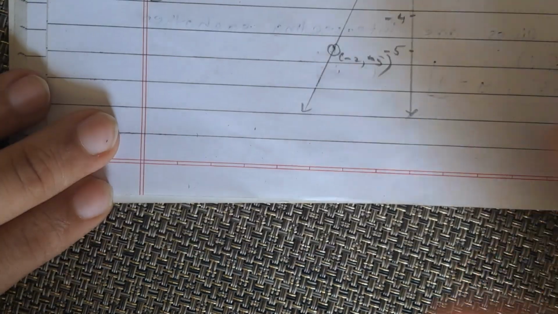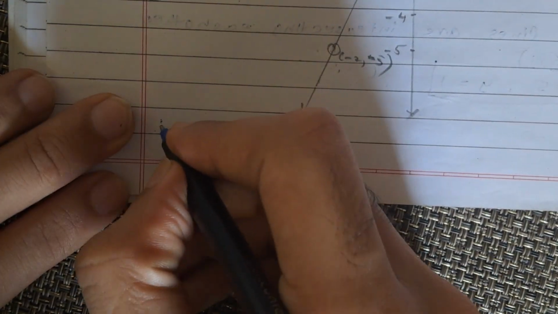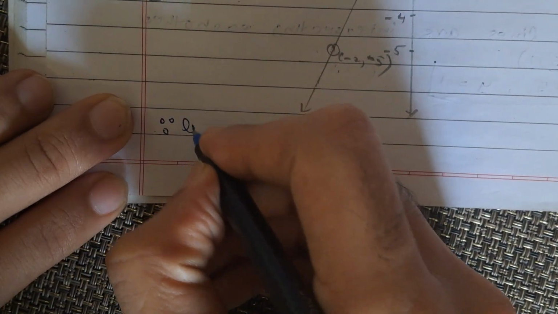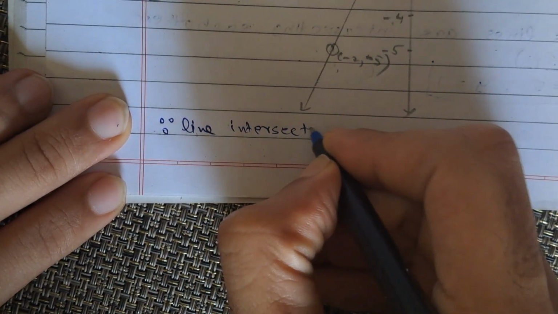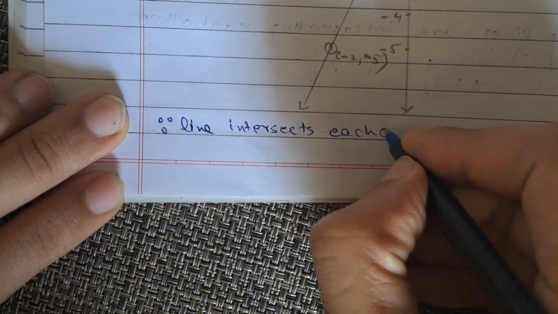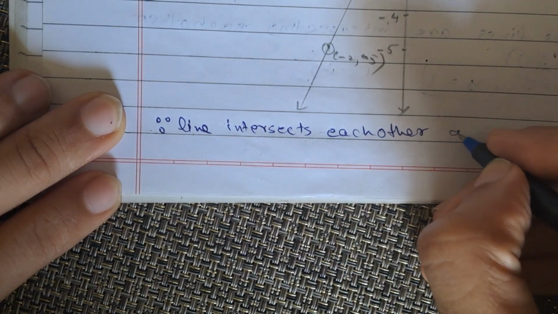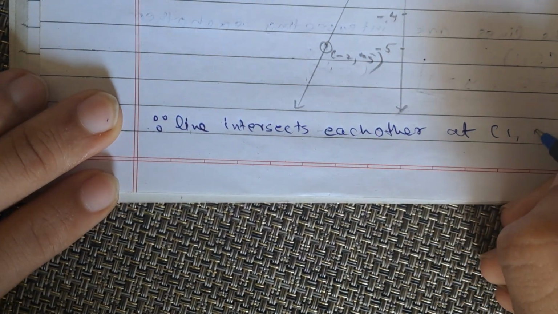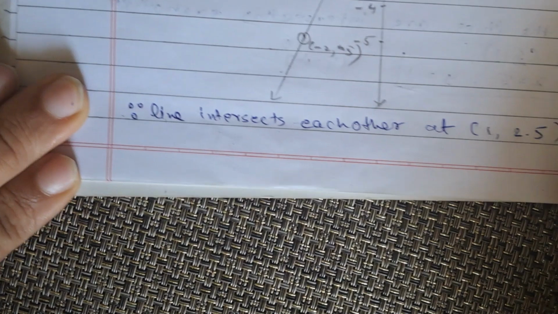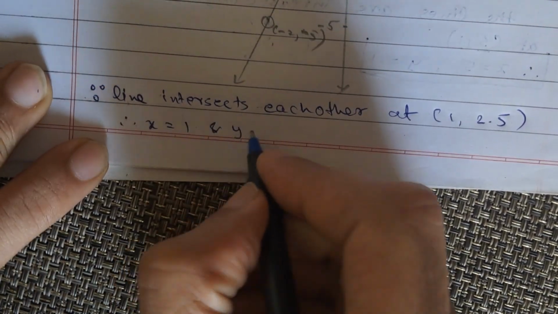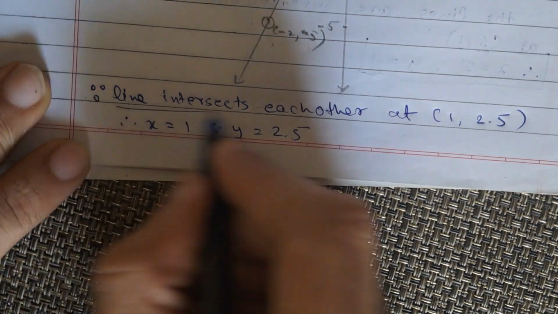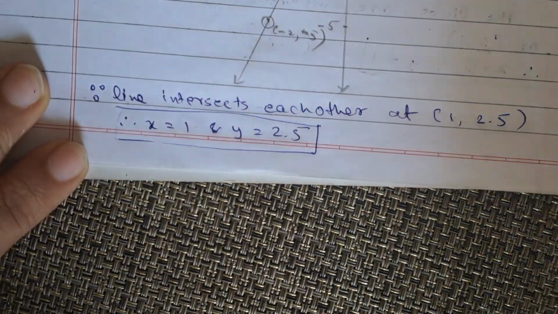So finally I will write my answer as: since the lines intersect each other at the point 1, 2.5, that means my value of x is 1 and my value of y is 2.5, and hence I have the value of x and y using the graphical method.